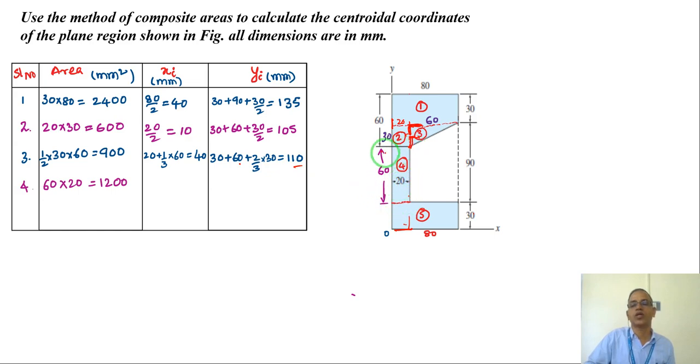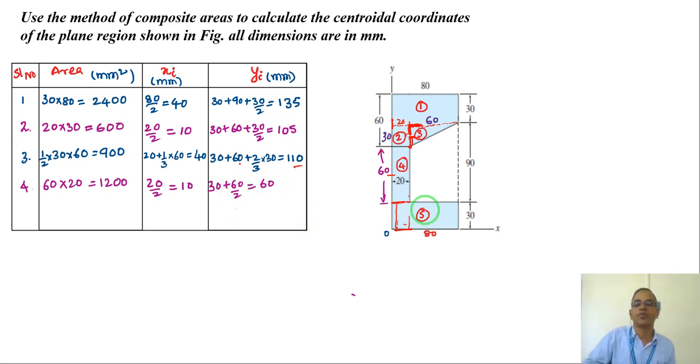The fourth area, which is a simple rectangle, right? Area is 20 into 60, 1200. Now xi, this distance is 20, so half of 20, 10. Then y, half of 60, 30, but from where? From the x-axis. So it's 30 plus 60 by 2, which is 30 plus 30, 60.